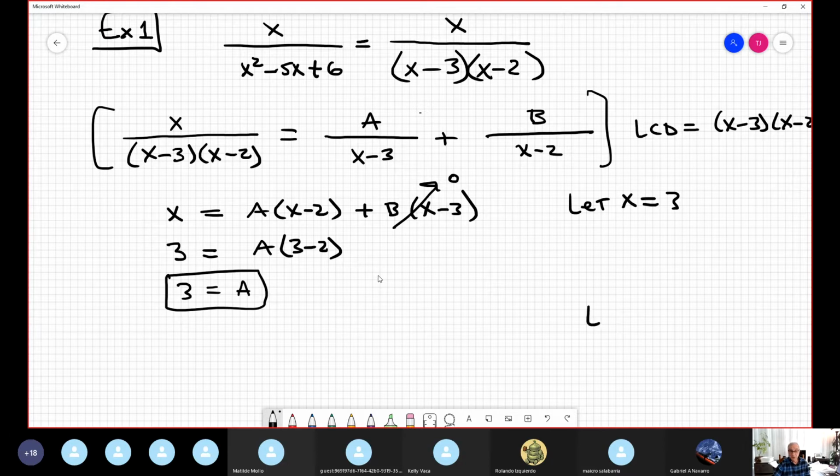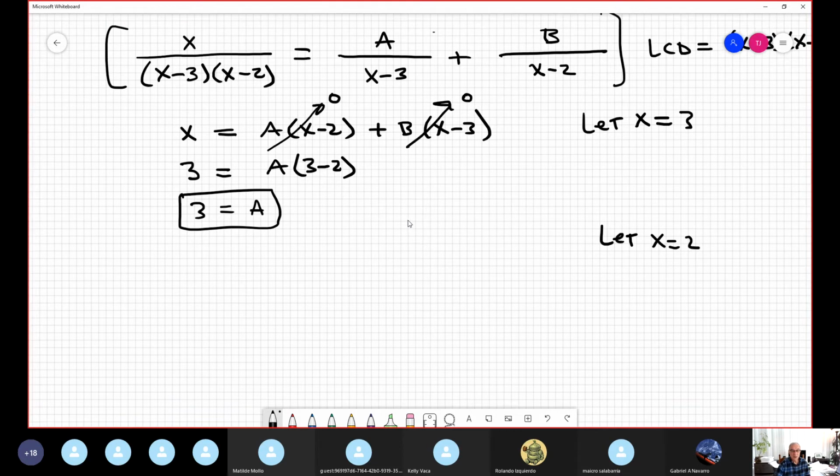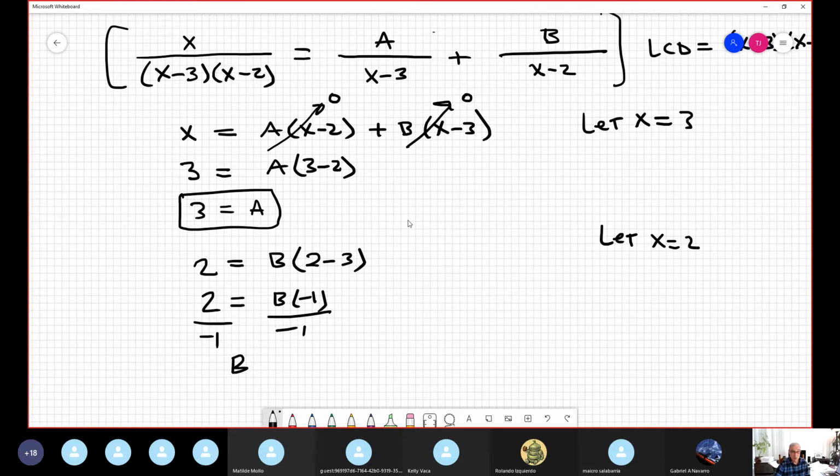Likewise, suppose another value is x equal to 2. In that case, this is cancelled out, it's 0. So we have 2 equals B times (2 minus 3), no? 2 minus 3 is negative 1. It is B times negative 1. Divided by negative 1 on both sides, it's obvious that B is negative 2.